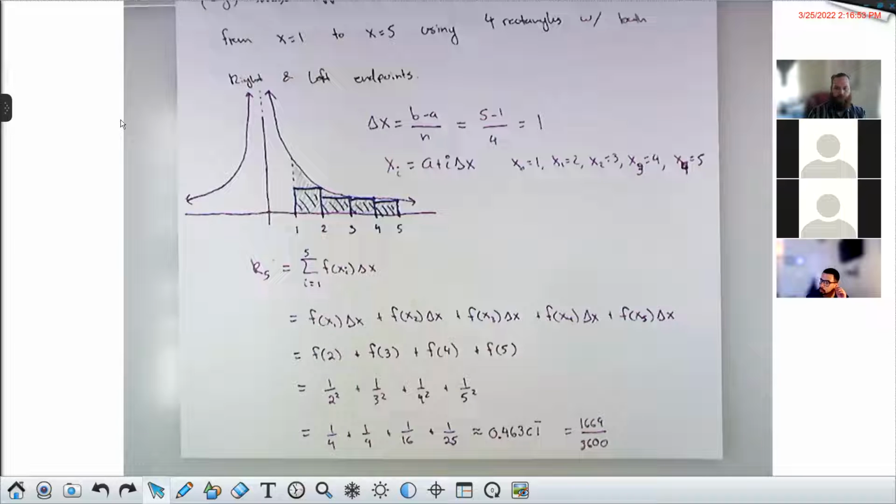Any questions on the calculation of R5 or what any of these symbols mean or notation now that we've had some time to chew on it and review everything?